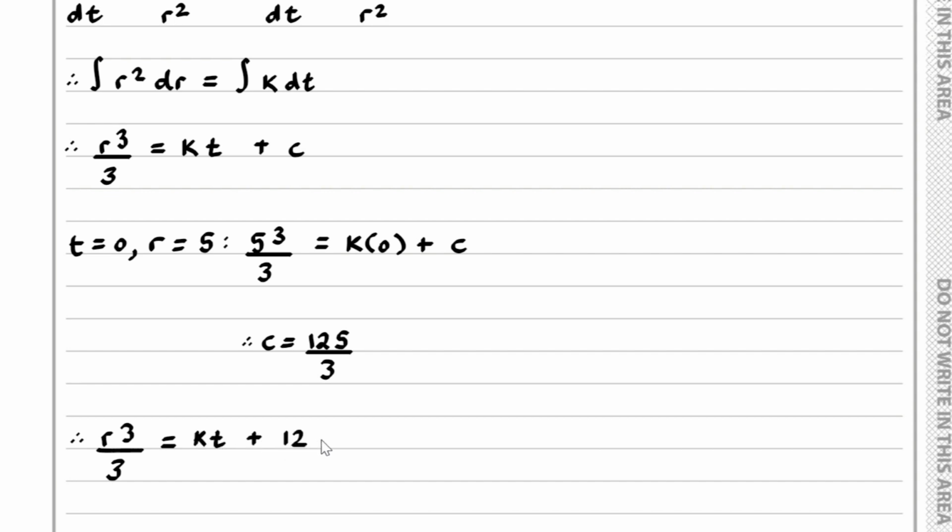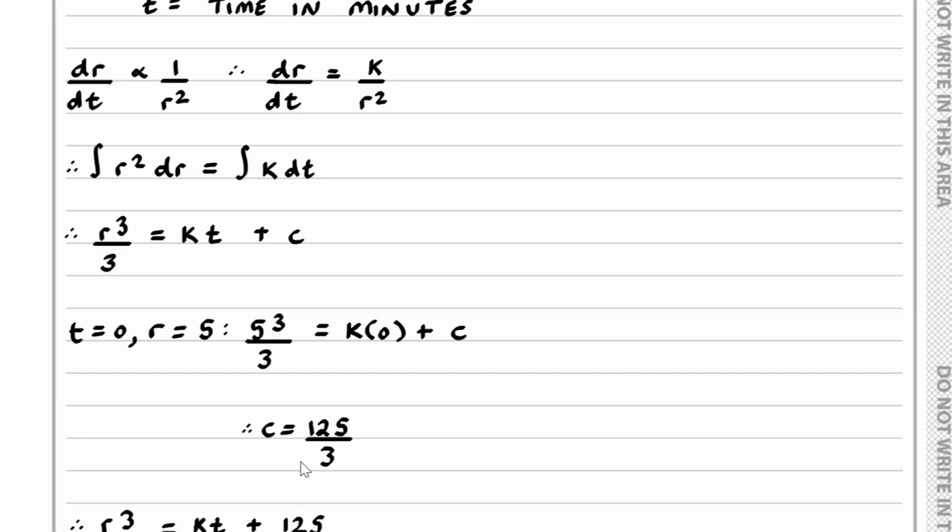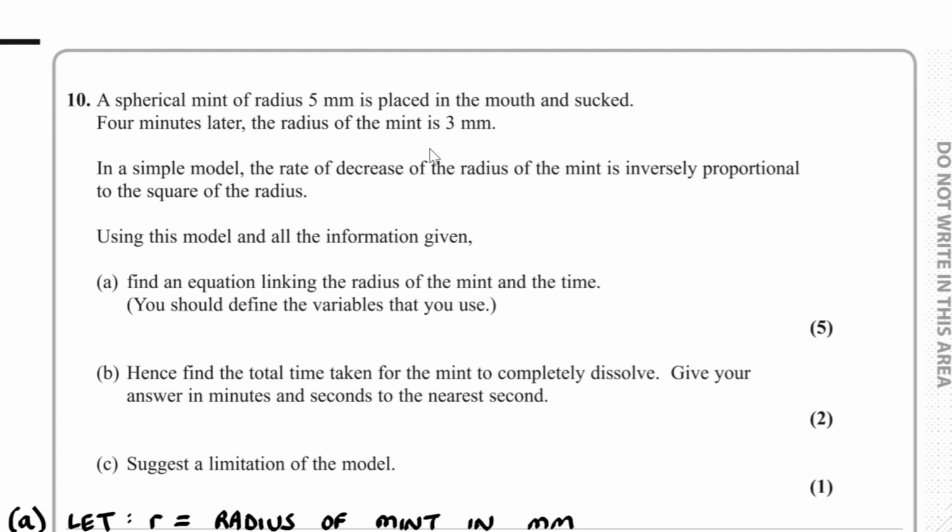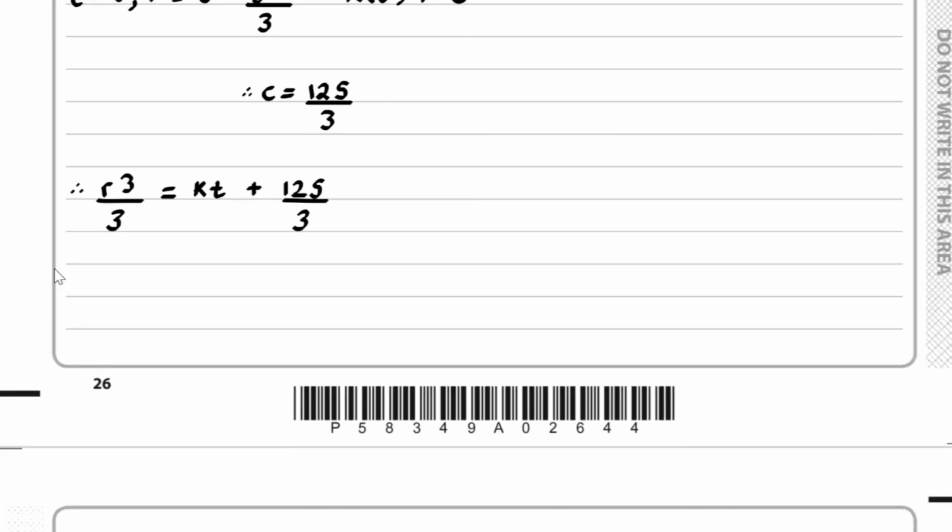And so therefore, so far we've got r cubed over 3 equaling kt plus 125 over 3. And we know that 4 minutes later, the radius is 3. So, when t equals 4, r is equal to 3. So I've got 3 cubed over 3 equals k multiplied by 4 plus 125 over 3.